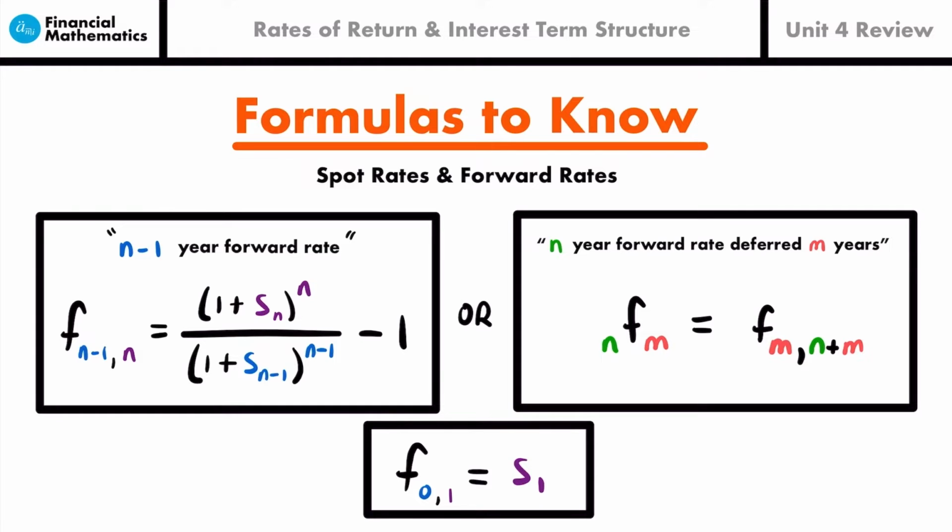Now, another way that you might see forward rates referred to is with this wording. You might have an N-year forward rate deferred M years. Sometimes that is associated with this notation, which is a little bit different than what I have right here.